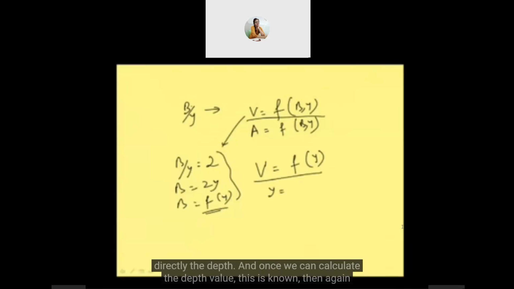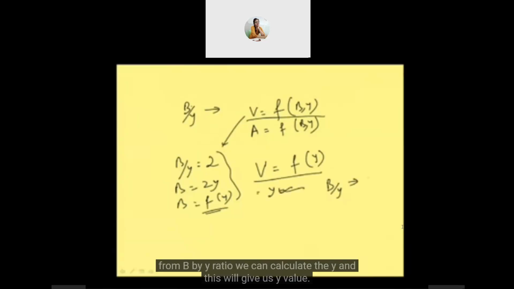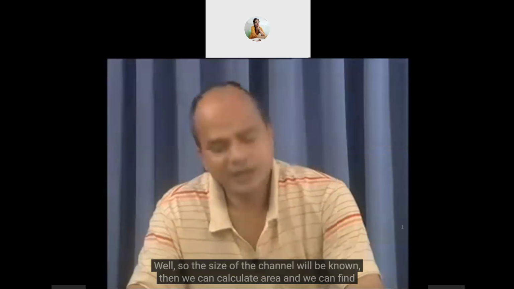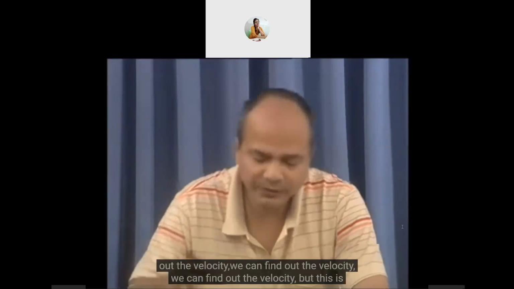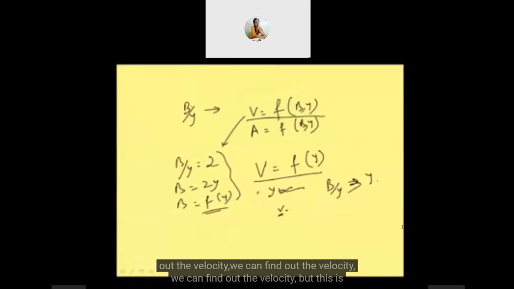And once we calculate the depth value, then again from the B by Y ratio, we can calculate B. So the size of the channel will be known. Then we can calculate area and find out the velocity. So this is also a procedure that we can follow once the B by Y ratio is given.